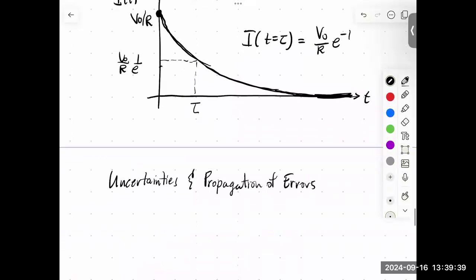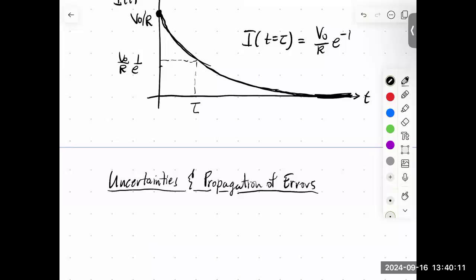The reason we're doing this is just because this is a lab course. You're going to be collecting data. You didn't do a ton of data collection in lab 1, but starting from lab 2 going forward, we will generally be collecting and analyzing data. And so every single measurement you make is going to have some associated uncertainty. And then we often will take those measured quantities and calculate new quantities from them.